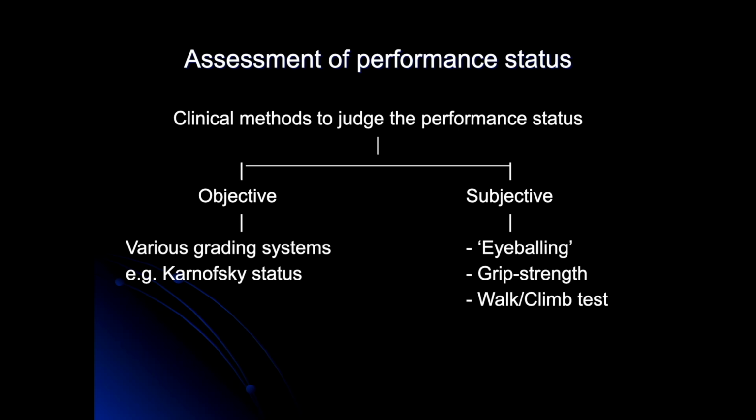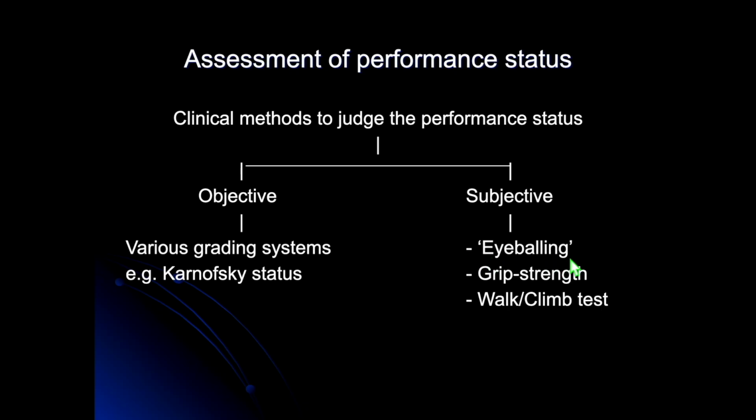For objective assessment of performance status, grading systems are available. Karnofsky scale is one of the most commonly used at present time. Under the subjective methods, eyeballing the patient from head to toe may disclose the problems or uncertainties which may need further evaluation.